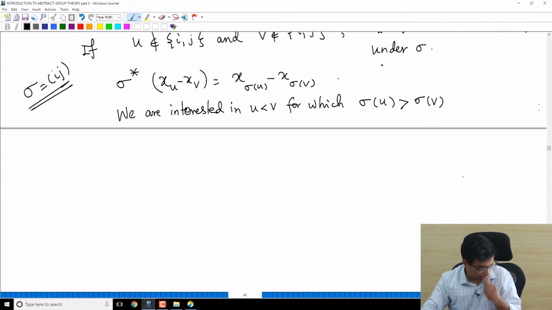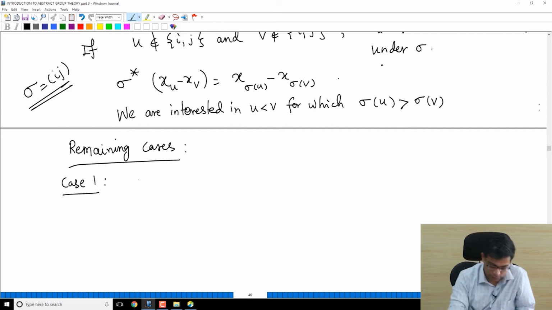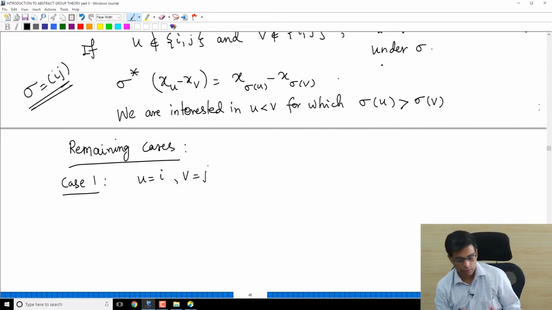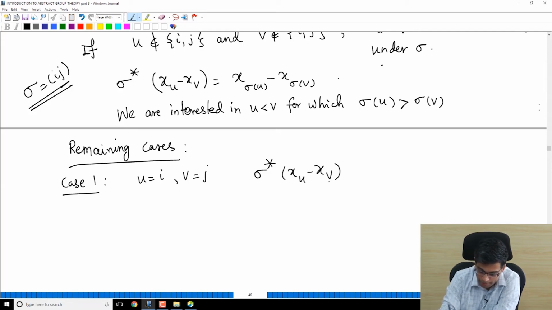Now let's consider the other cases. The remaining cases are the following. Case 1. We can have u equals i and v equal to j. Remember, u is strictly less than v and i is strictly less than j. So you can have u equal to i, v equal to j. Then what is sigma star of x_u minus x_v?